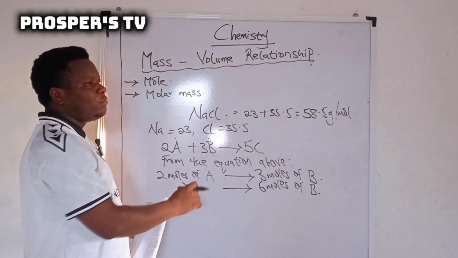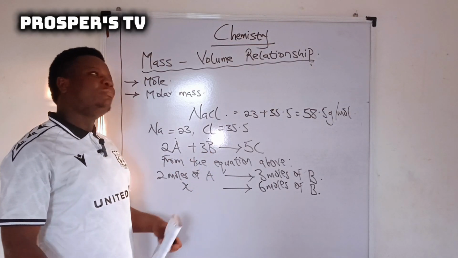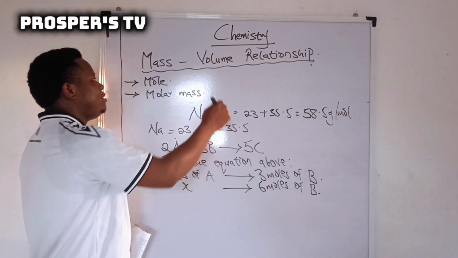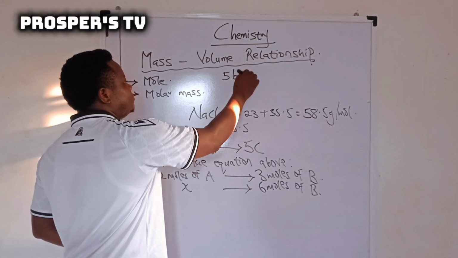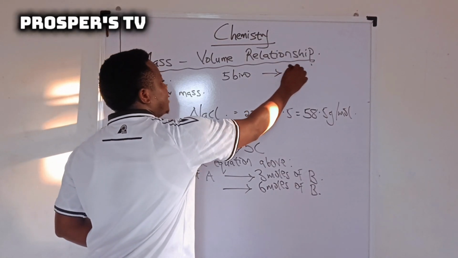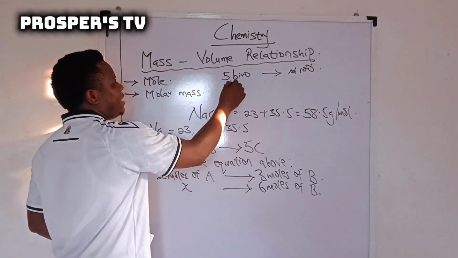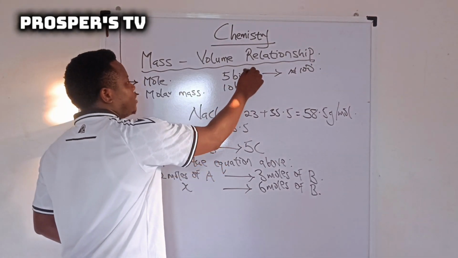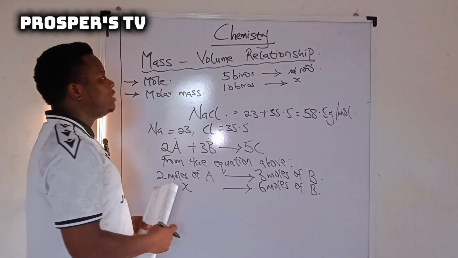This is synonymous to the mathematics we usually solve in our basic primary schools, where they would say, for instance, if 5 biros cost 100 naira, what would be the cost of 10 biros? You say the cost is X. The same arrangement.